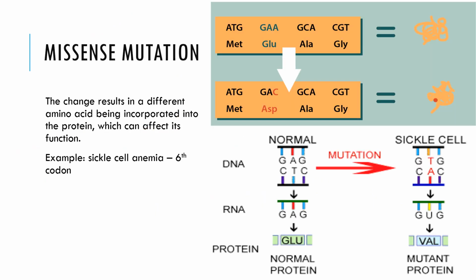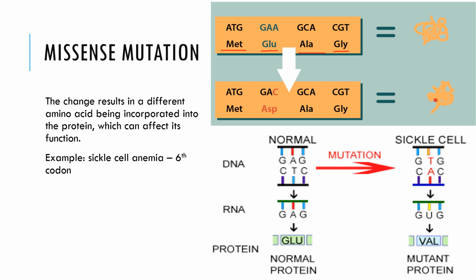Next is missense mutation. In the case of missense mutation, the change results in a different amino acid being incorporated into the protein, which can affect its function. So it is called missense mutation. As you can see here, methionine, glutamic acid, alanine, glycine are present, and after the missense mutation only one amino acid changes.